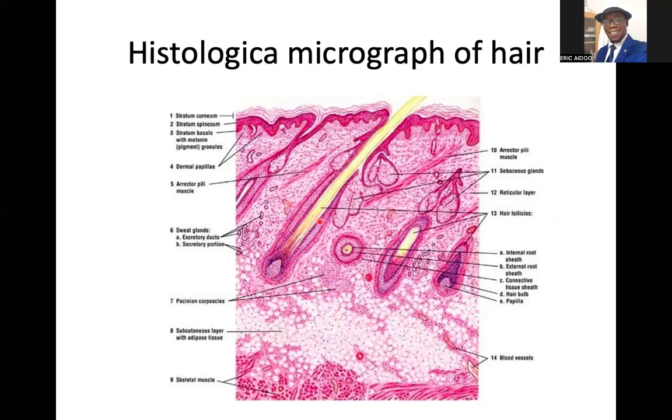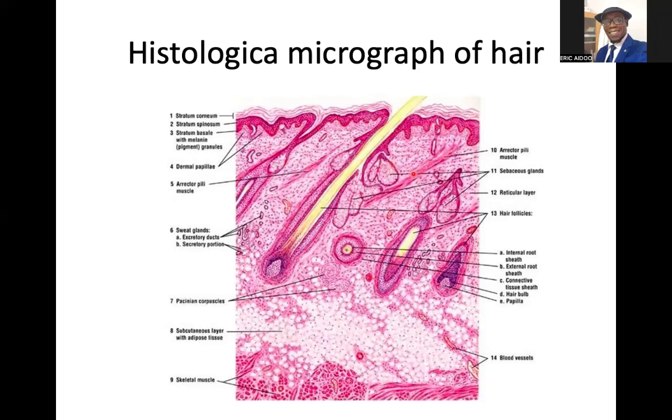This is not giving you the parts of the hair follicle, like the external root sheath, the internal one, the cuticle, and the like, but it's just a simple diagram. So this is also a hair follicle, and there are some sebaceous glands there as well.